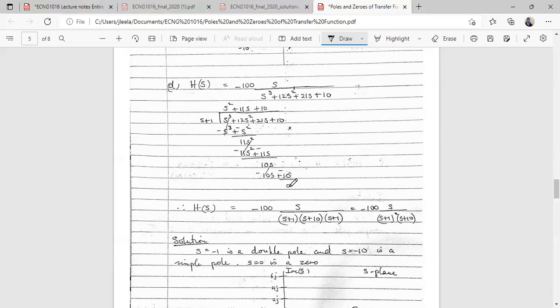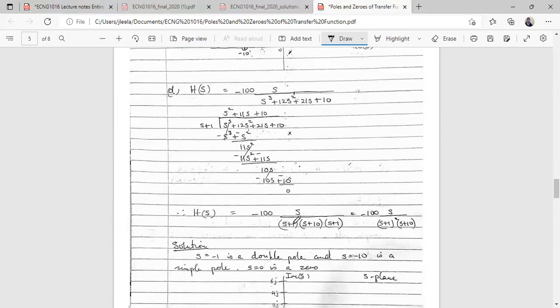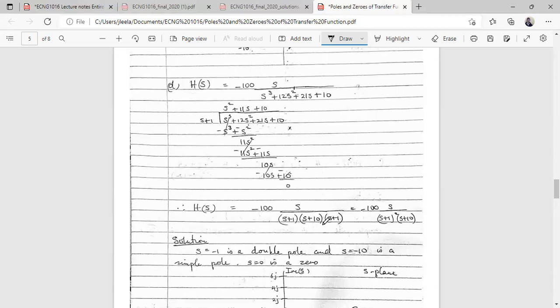Now, if you notice, you end up getting s plus 1 occurring twice, because if you factorize s squared plus 11s plus 10, you'll get s plus 1 and s plus 10.